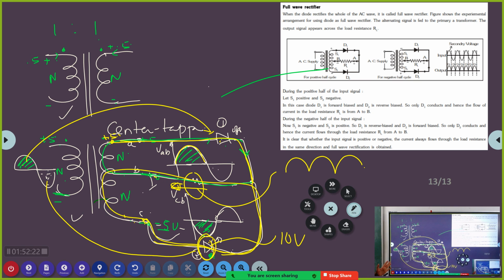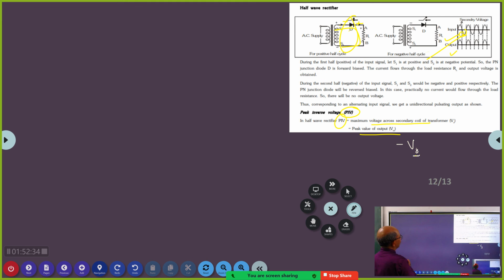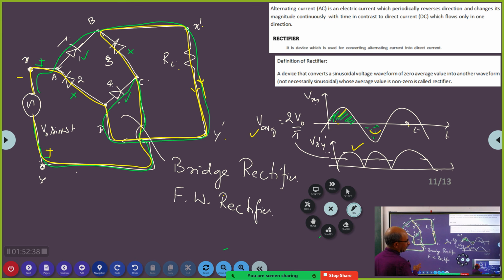In the half wave rectifier, the peak inverse voltage was equal to the transformer voltage. But in the bridge configuration, you remember, the peak inverse voltage, V0 minus V0, is shared between two diodes.